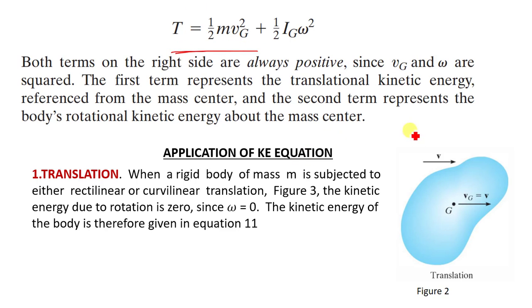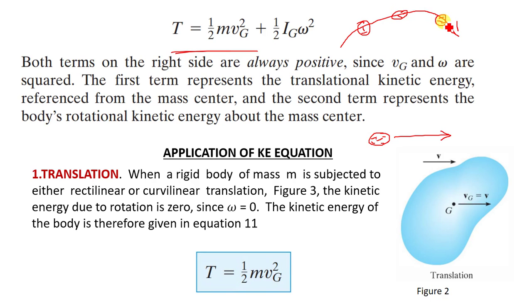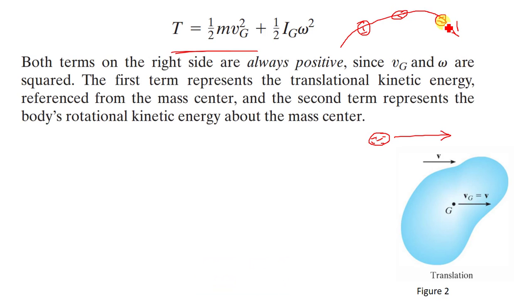Rectilinear means a mass moving in a straight line, where all the particles in a given mass move in a straight line. Curvilinear is something like a projectile, where the masses are moving in a curve.